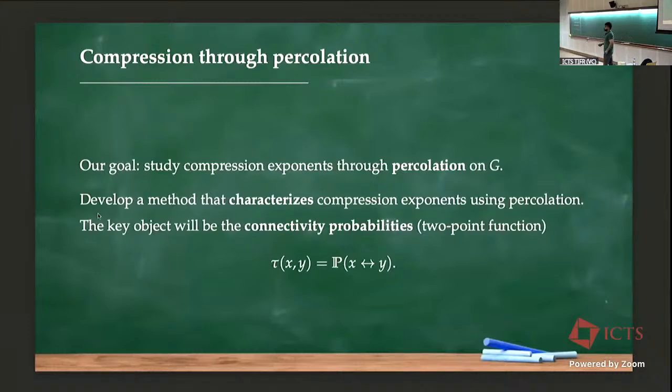We already heard a lot about the 2-point function in this course, and all the information that we are going to see in the main theorems is going to be captured by it. This will not be qualitative. We want quantitative, tractable bounds on the 2-point function, and those bounds will give you the information that you want on the compression.